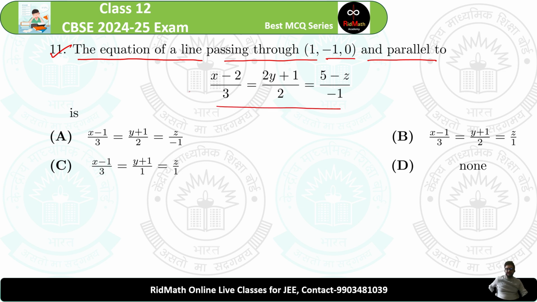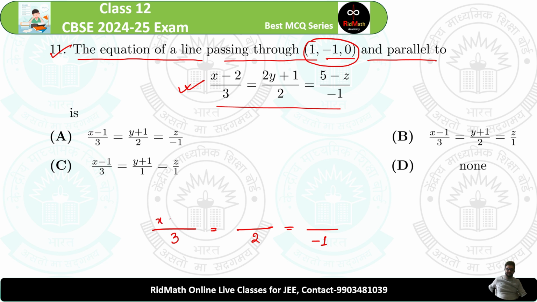So the line parallel to this line will have proportional direction ratios, which means 3, 2, minus 1 will also be its direction ratios. That means 3, 2 and minus 1, and it is passing through (1, minus 1, 0).